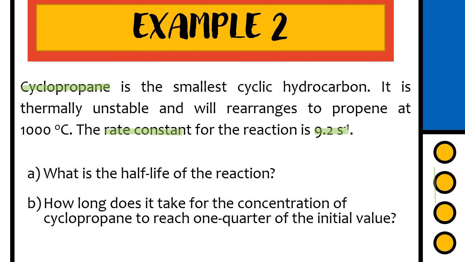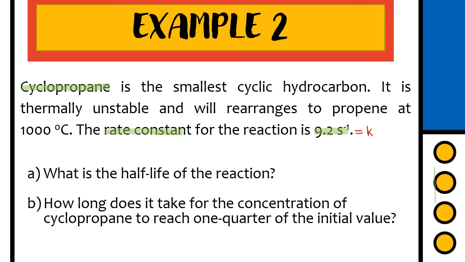We have zero order, first order and second order. For example number 2, the order of reaction is not stated. It is just not stated in the question, but the information to determine the order of reaction is actually in the question. 9.2 per second is our k.